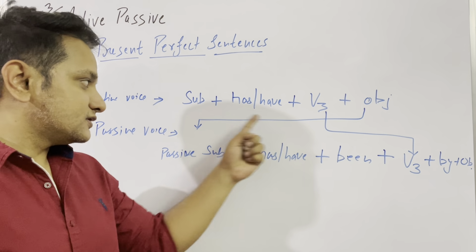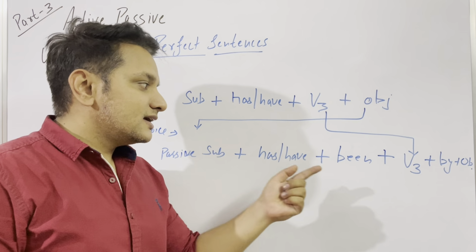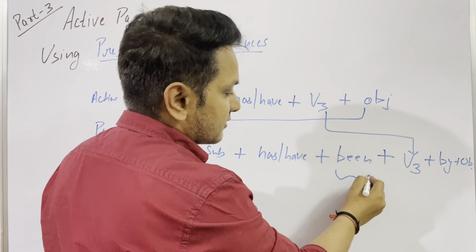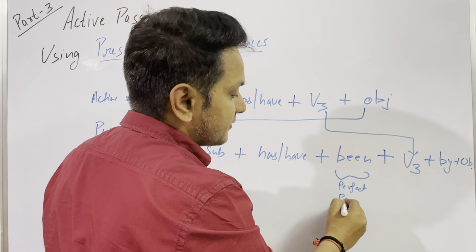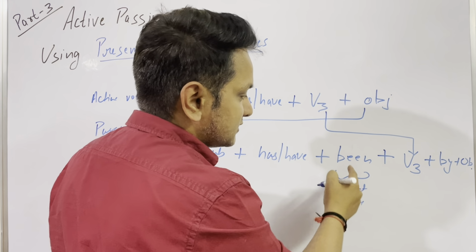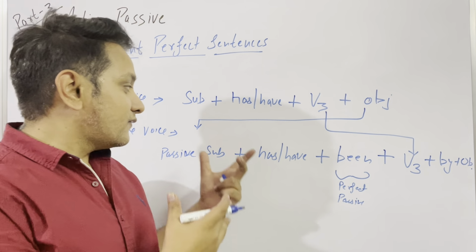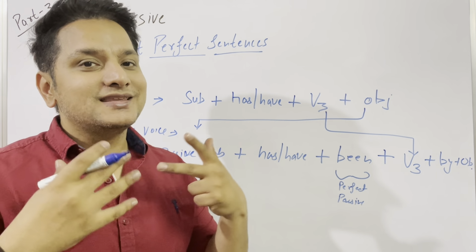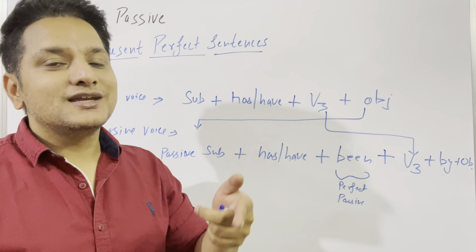This object will be acting as the subject, same has/have, but it will be added with been. Been is the most important here because we are using perfect tenses. It's perfect in passive form. This is the only thing which is making a difference here, right? So I hope you have understood the syntax. We'll be using this syntax only to understand the examples and to understand active being converted into passive.